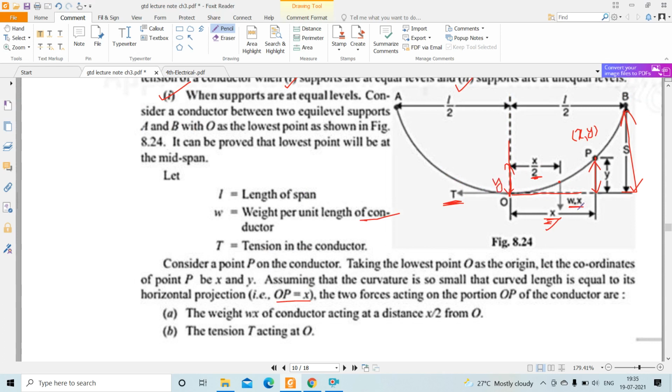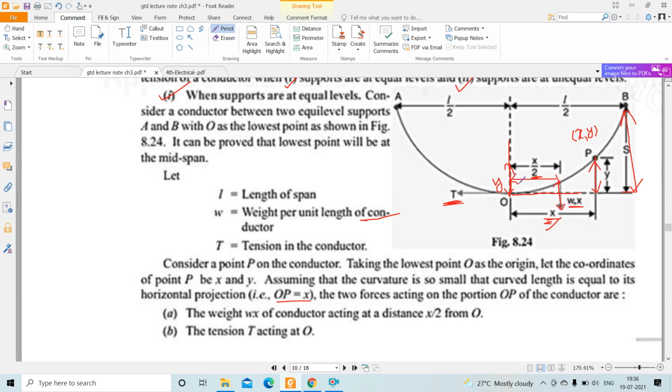Similarly, the force W into x acts vertically downward, so its perpendicular distance from O is taken as x by 2.